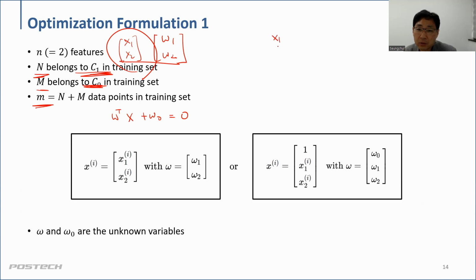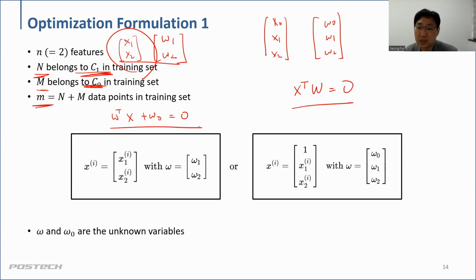And if we have x of 1, x of 2, and x naught equal to 1, then omega naught, omega 1, omega 2, so in that case x transpose omega is equal to 0. It's the same, but in vector form we might have different notation. I'm going to show you both at the same time because they are the same.